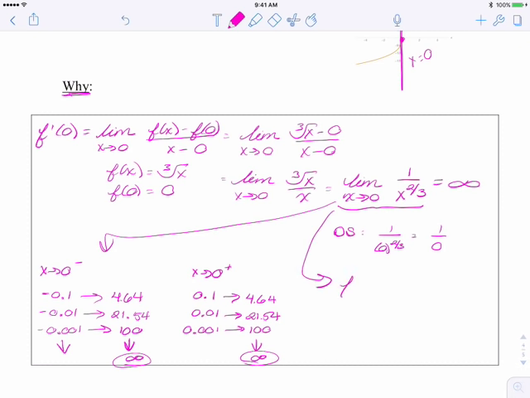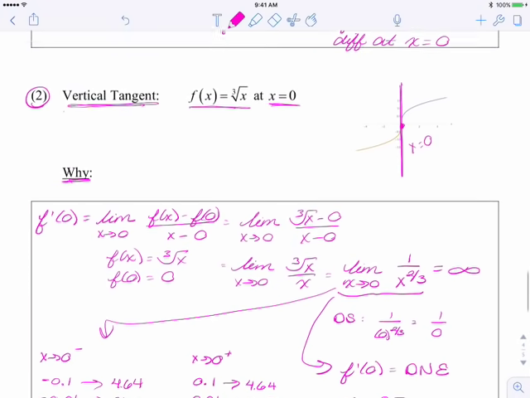So this means that f prime of 0, which is what that limit represents, does not exist. So therefore, f of x equals the cube root of x is not differentiable at x equal to 0.